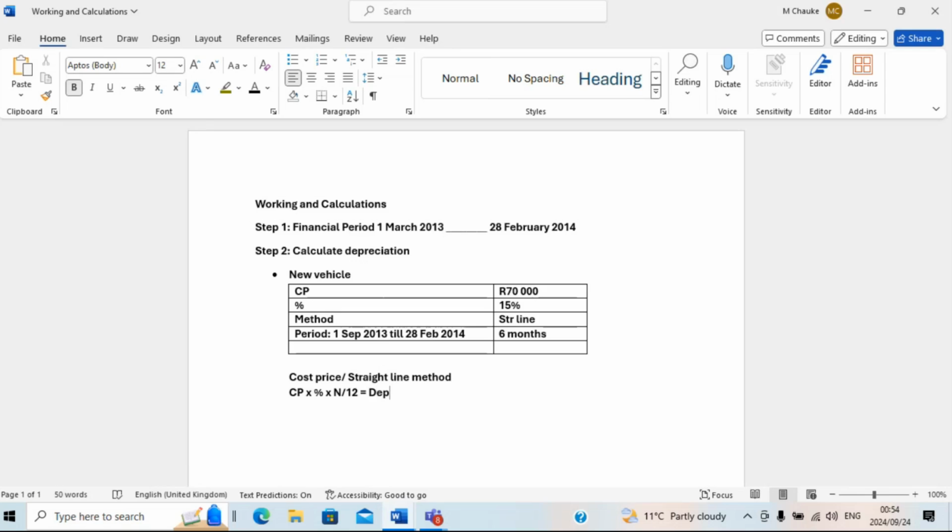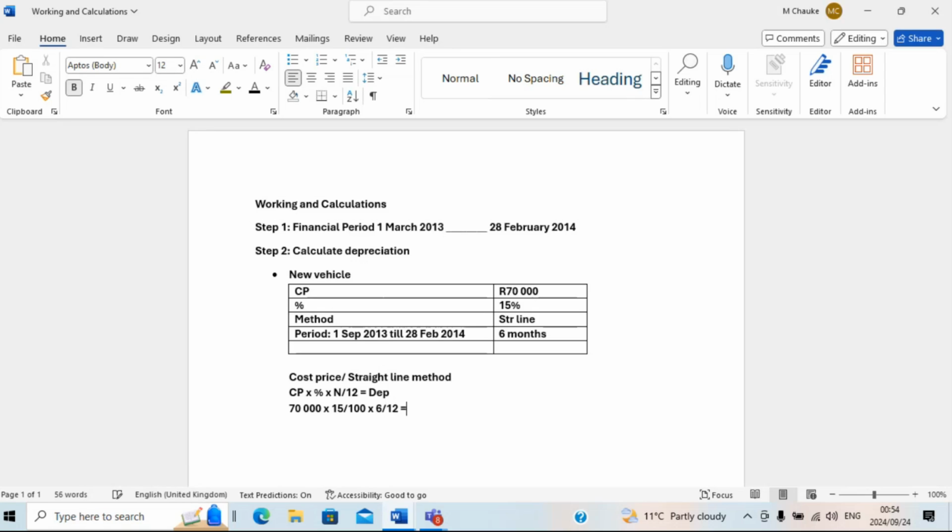Okay, and now we have to calculate depreciation. We're going to check for the new vehicle. We're going to say 70,000, which is the cost price, multiplied by the percentage given, 15%, which is 15 divided by 100, multiplied by 6, which is the number of months, divided by 12.